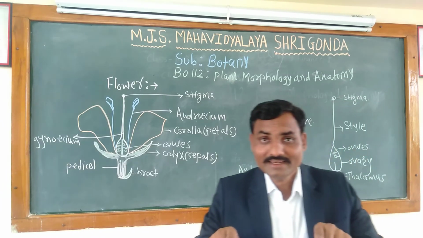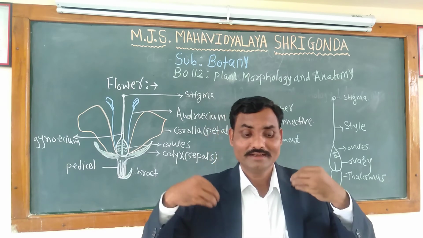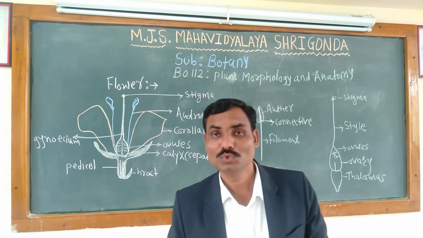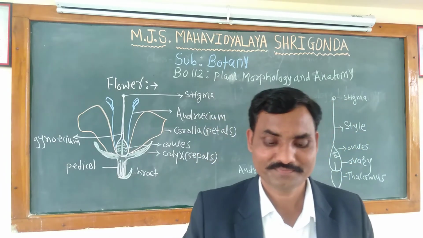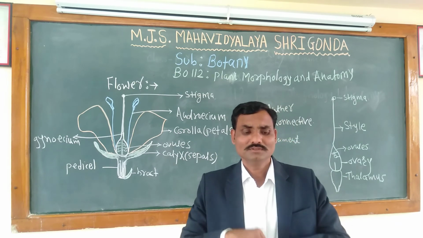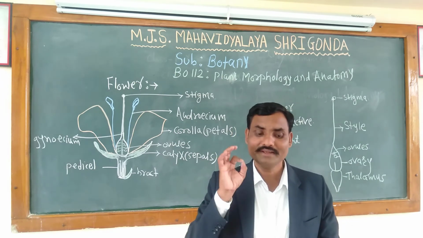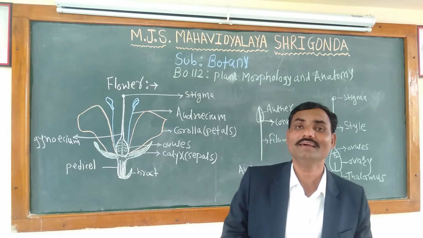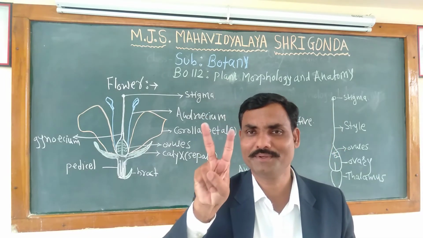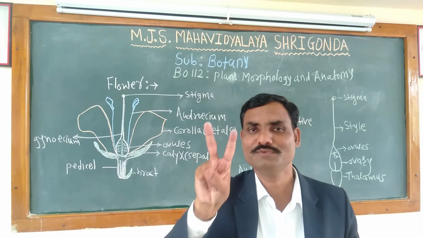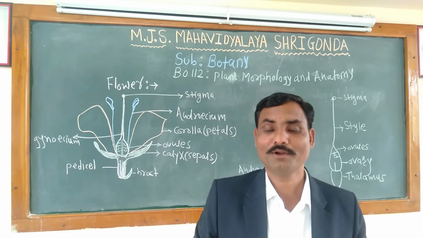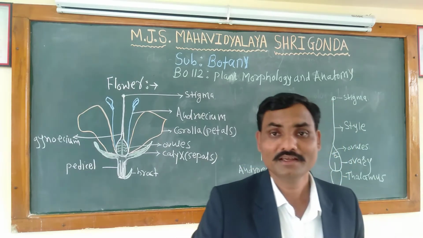Each pollen grain germinates and forms two male gametes. म्हणून the androecium represents the male reproductive part of the flower. It produces two male gametes. That is the characteristic feature of angiosperms, and therefore it is called the reproductive part of the flower.